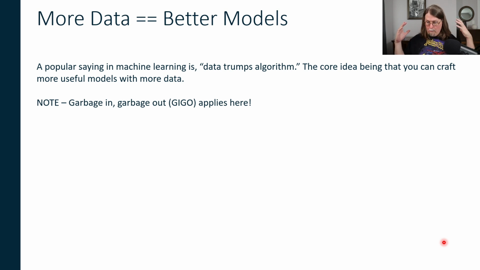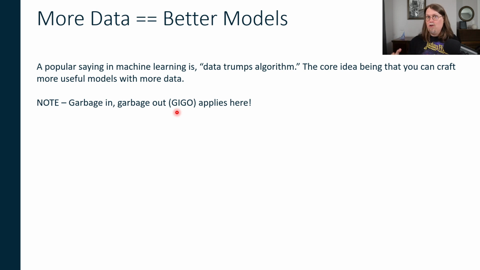So a popular saying in machine learning, which is a pearl of wisdom, by the way, is this idea that data trumps algorithm. And once again, it shouldn't be surprising, right? If data are our raw materials for crafting machine learning models, then in general, more data is better. Now, of course, GIGO, garbage in, garbage out, applies here. If you have more crappy data, then you're going to have a crappy model.